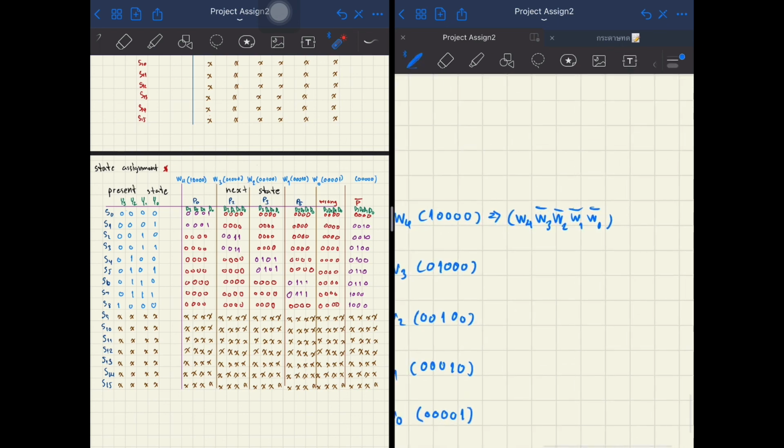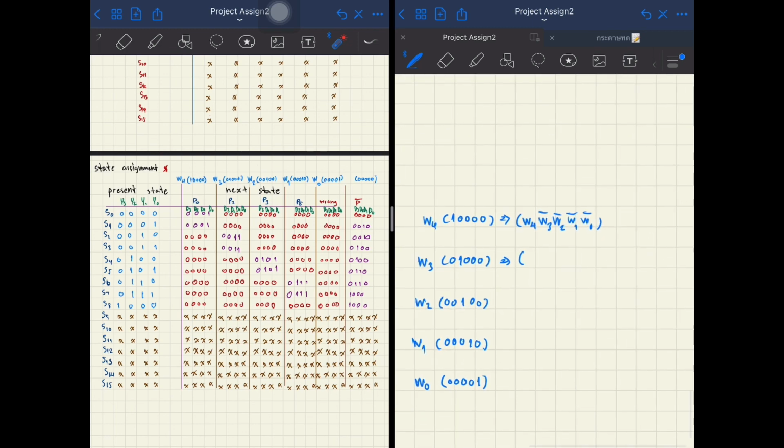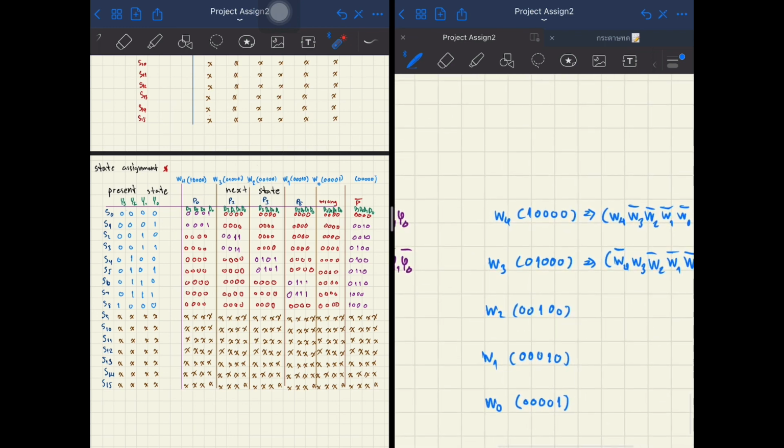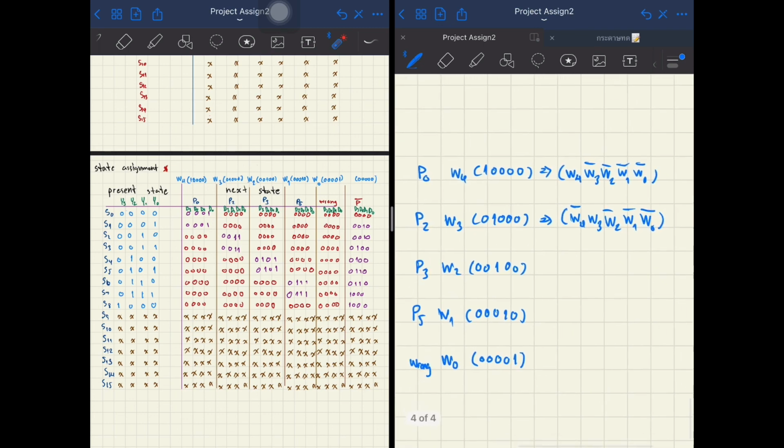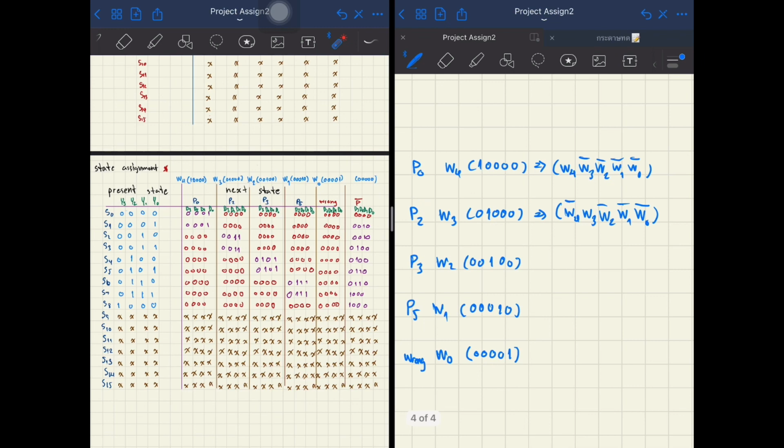Same as W3. W3 is, we give complement to W4, 2, 1, and 0, right? W3. So I must write it in place 0, place 2, place 3, place 5, in the right case to make me not confused.